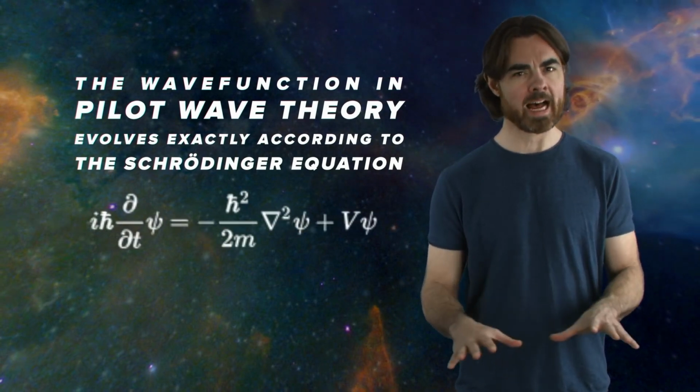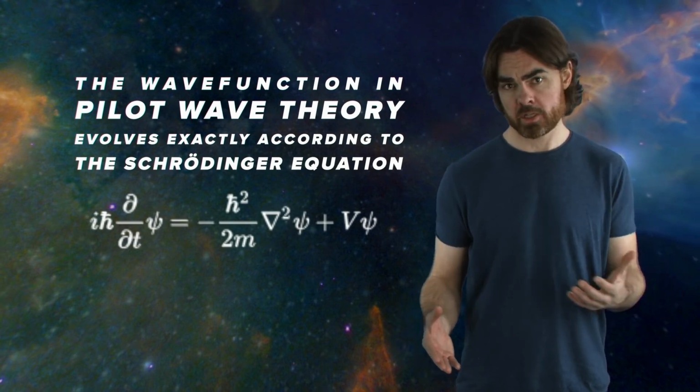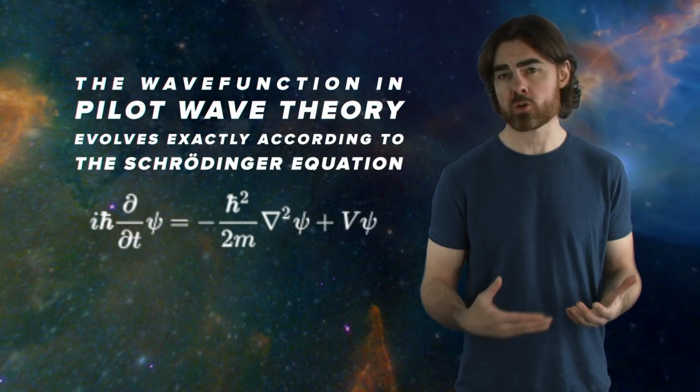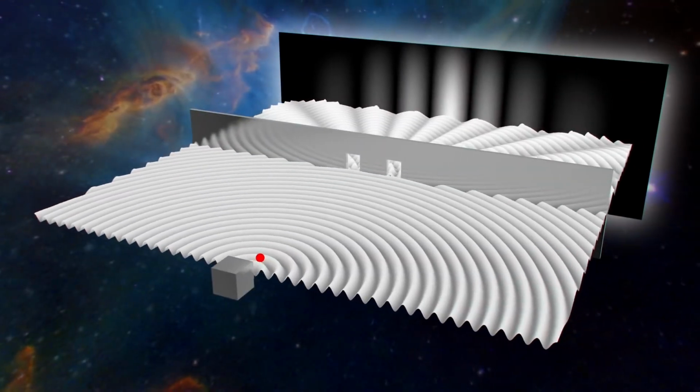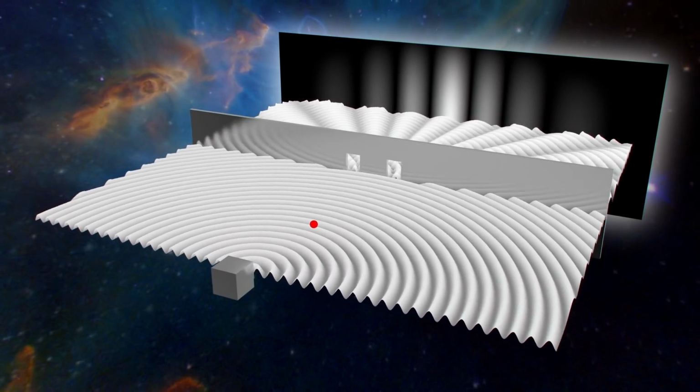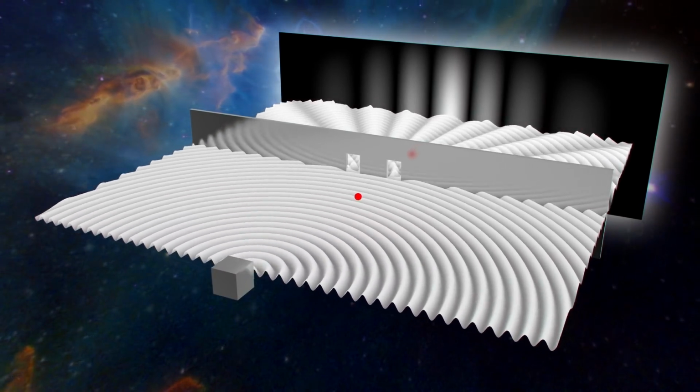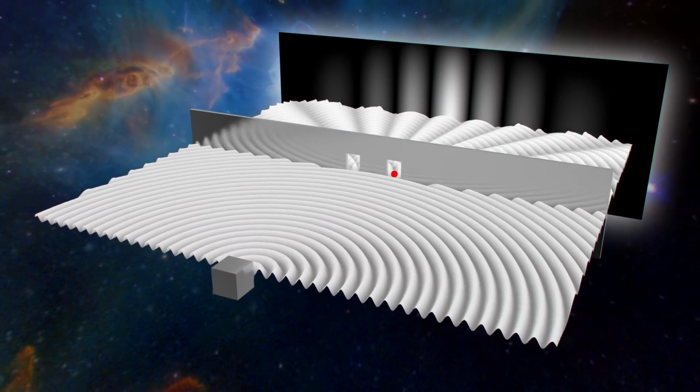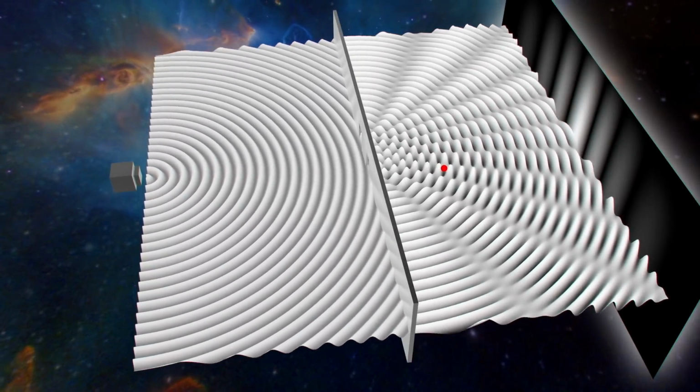That's the equation at the heart of all quantum mechanics that tells the wave function how to change across space and time. This means that pilot wave theory makes the same basic predictions as any other breed of quantum mechanics. For example, this guiding wave does all the usual wavy stuff, like form an interference pattern when it passes through a pair of slits.